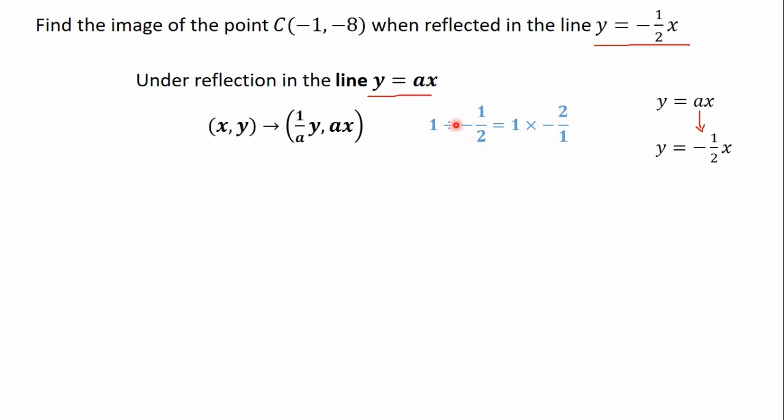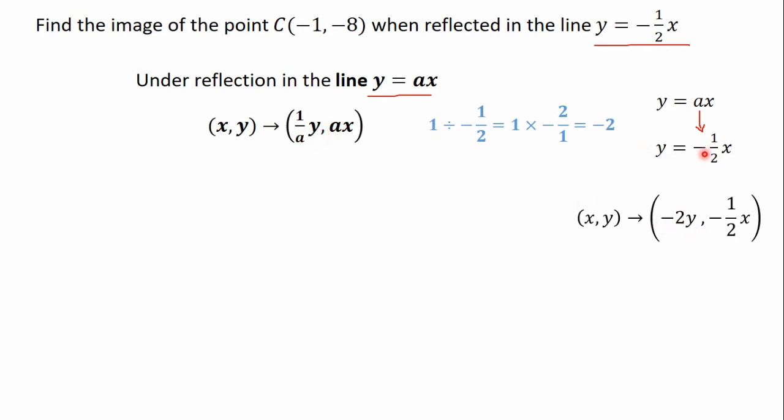So you change the division sign to multiplication, then you reciprocate the fraction. 1 times minus 2 divided by 1 will give us minus 2. So 1 divided by minus half will give us minus 2. So what we have here will be minus 2y.